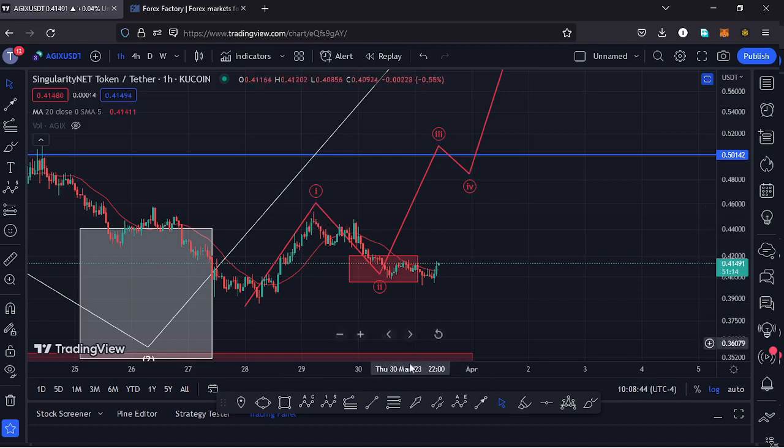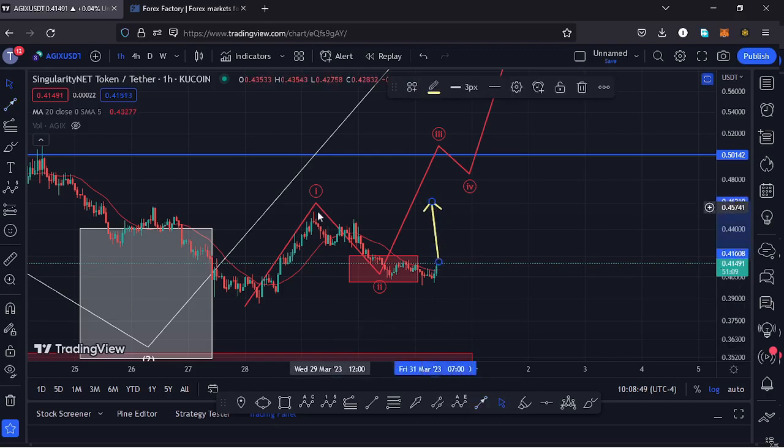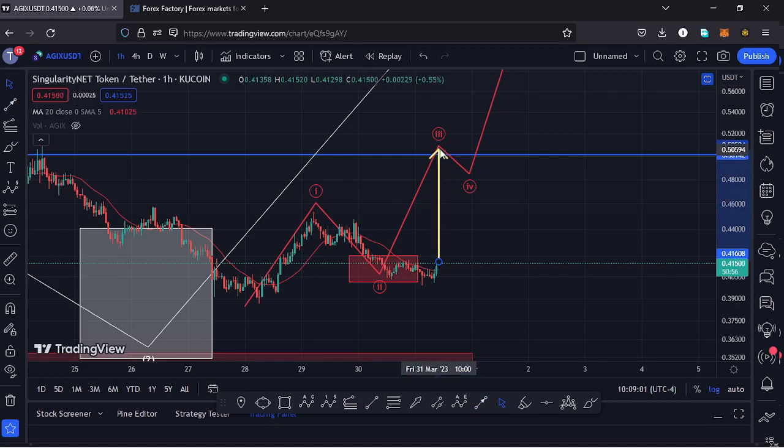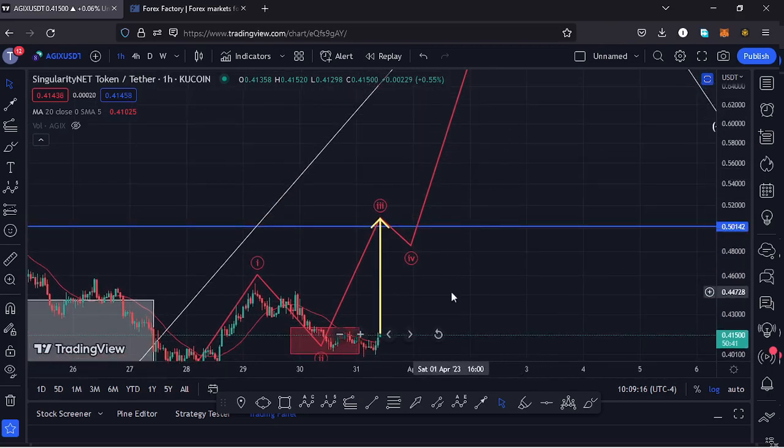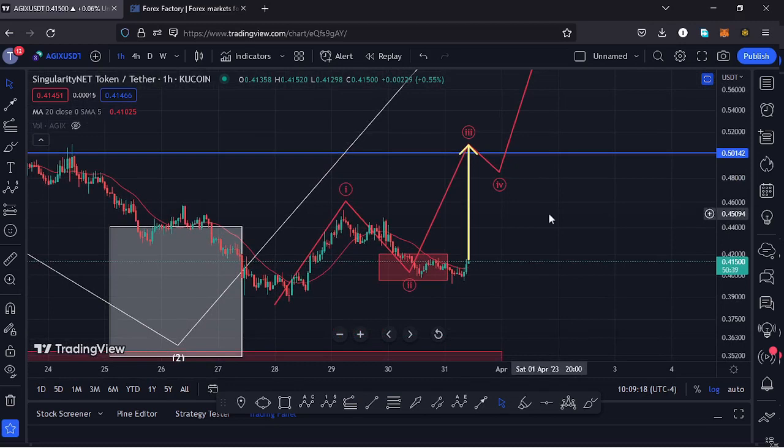So in case Agix continues to gear up, continue watching the wave 1 high, which is at around the $0.45463 mark, and the moment you manage to break above that, that will be the first confirmation that we are back in the formation of that wave 3, and continue expecting higher prices to fully maximize our target area at around the $0.507 mark. And once we fully maximize our target area, then we can expect a bit of a corrective structure in the formation of this wave 4 before we can continue gearing up in the formation of that wave 5 to the upper side. And that is what I'm expecting here on the short-term scenarios.